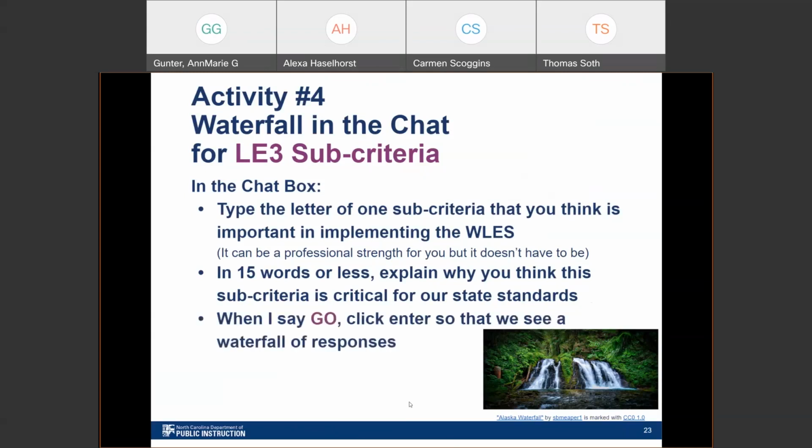And then when I say the magic word, you'll click enter and we'll see a waterfall of responses. So I'm going to pause here for just a moment because what we're going to do is go ahead and put responses in the chat box. We won't do the waterfall just yet. We'll close out our last few activities and then we'll do the waterfall right at the end.